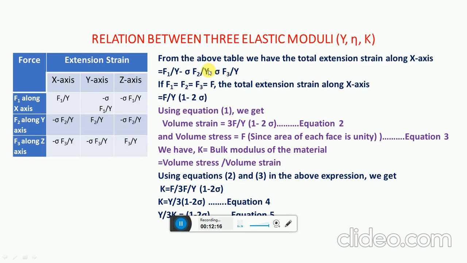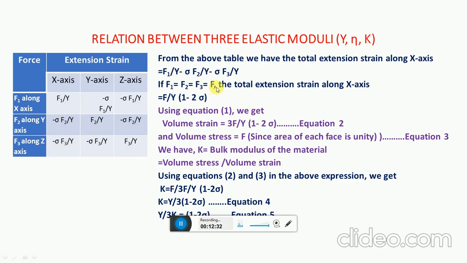From the table, the total elongation or extension along the x-axis is the addition of three terms: F1 upon Y minus sigma F2 upon Y minus sigma F3 upon Y.